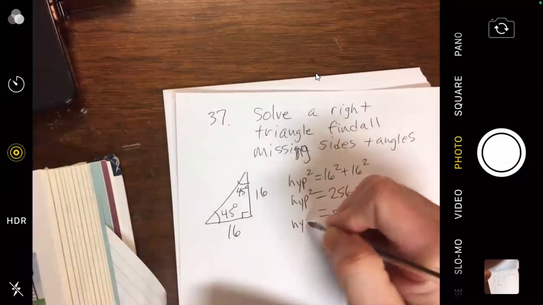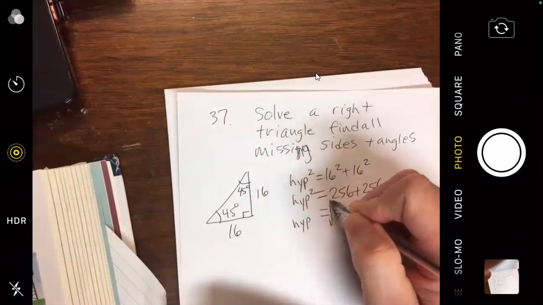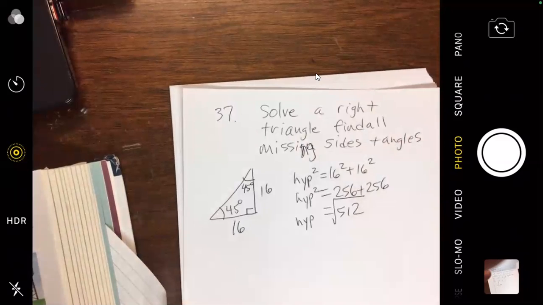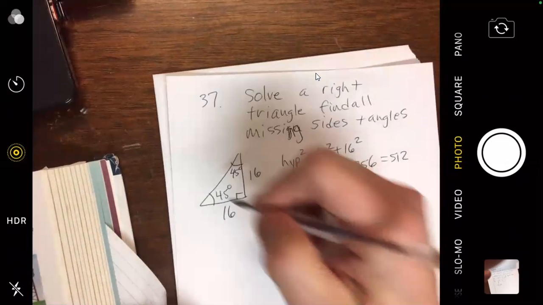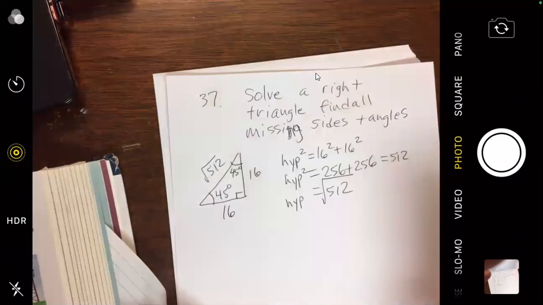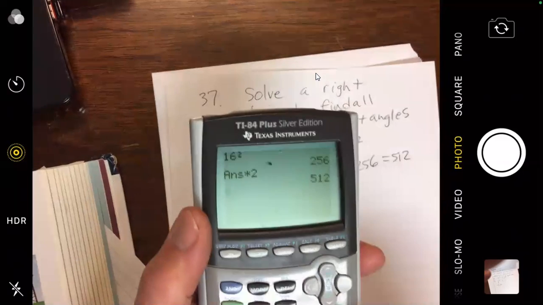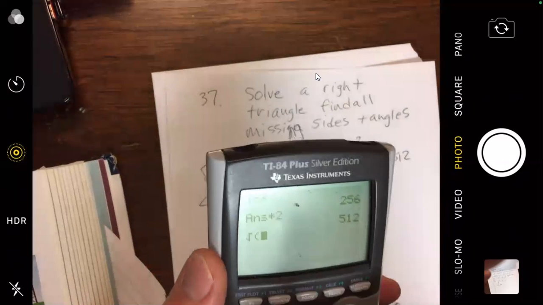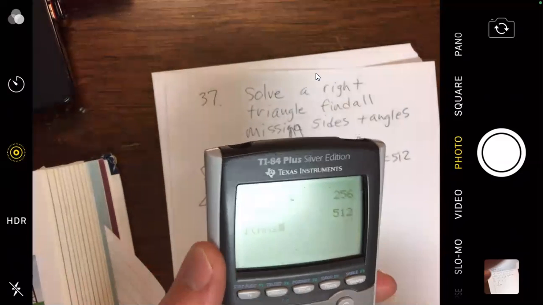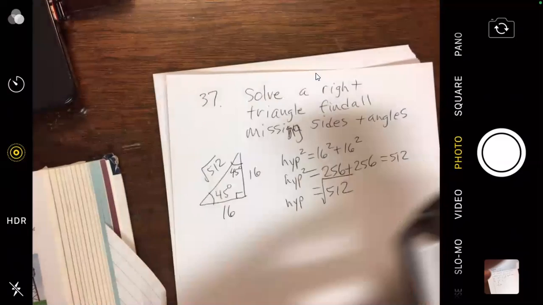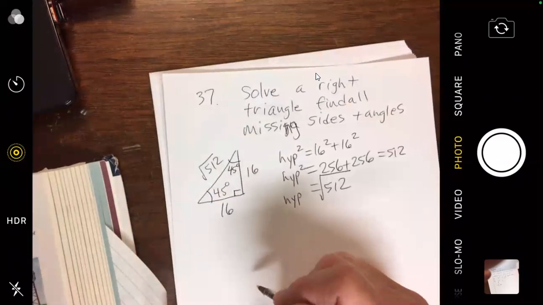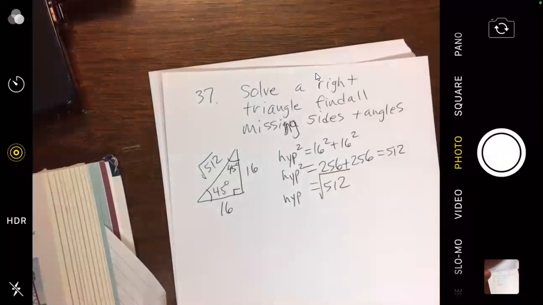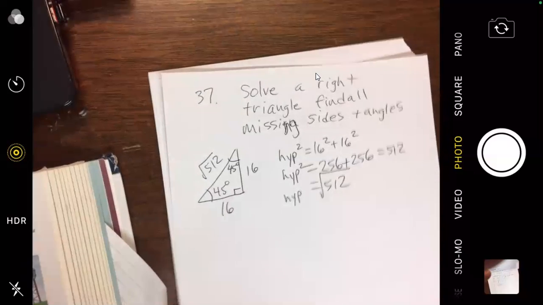So the hypotenuse is the square root of 512. I don't think that's anything clean, and we won't simplify it. It's just a nasty decimal. And so there you are, you've solved the triangle. Now, that was a simple one. You'll have other ones that are a little tougher.